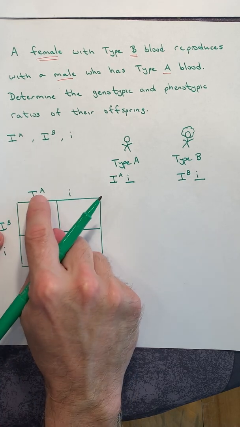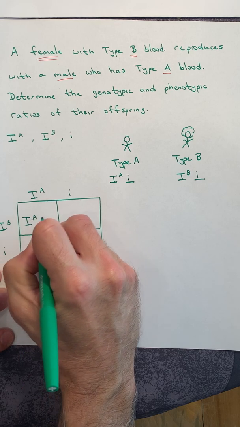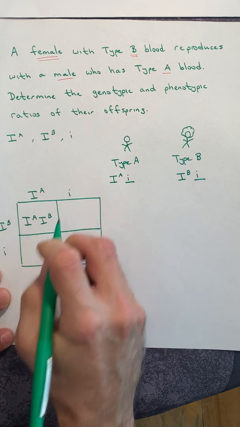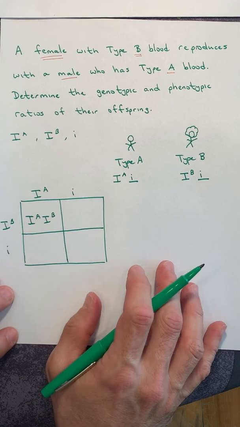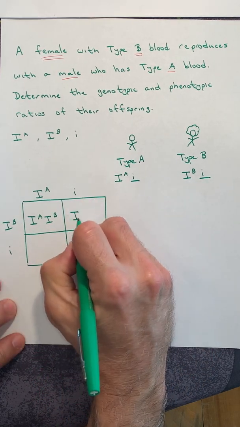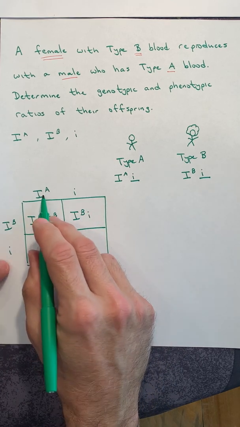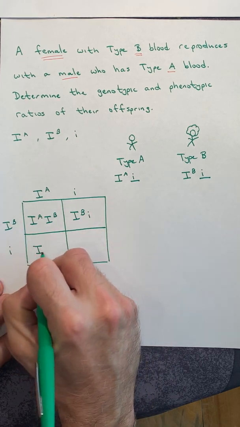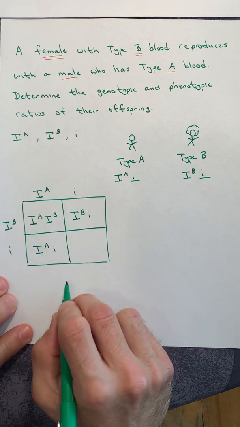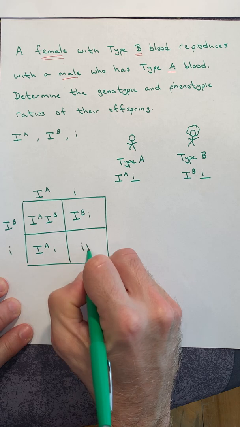All right, so these two alleles join in fertilization. IA, IB. You always write them alphabetical, by the way. These two alleles, IB, little i. These two alleles, IA, little i. And then these two alleles, little i, little i.